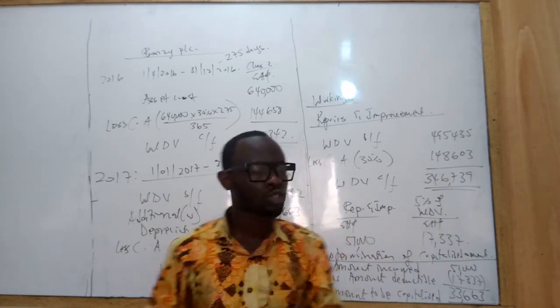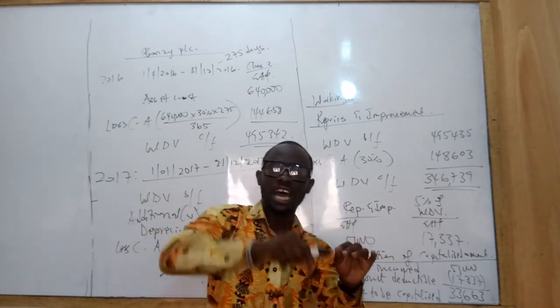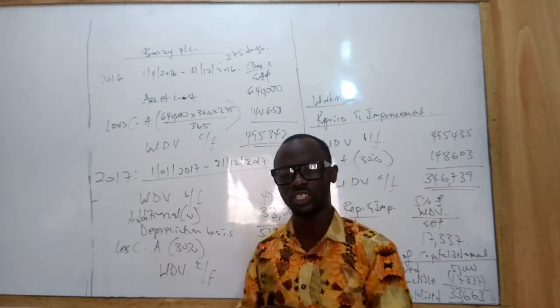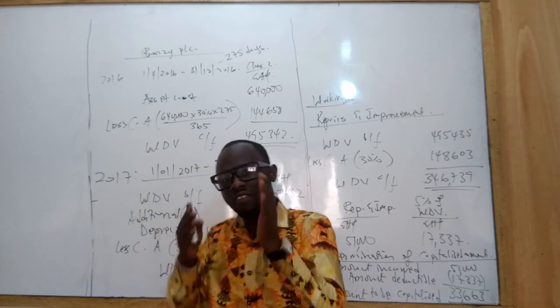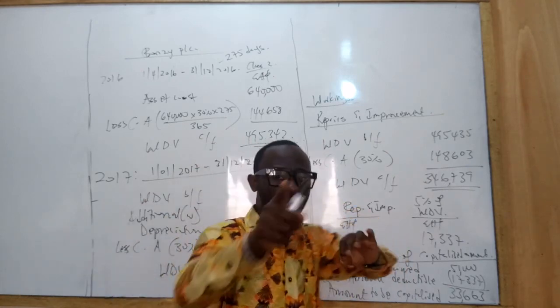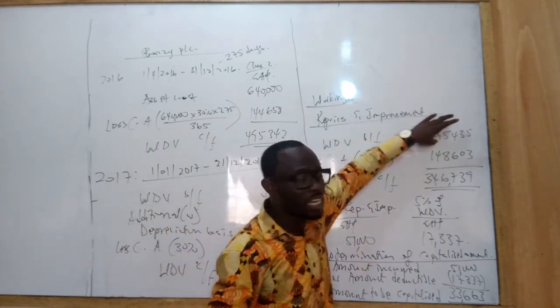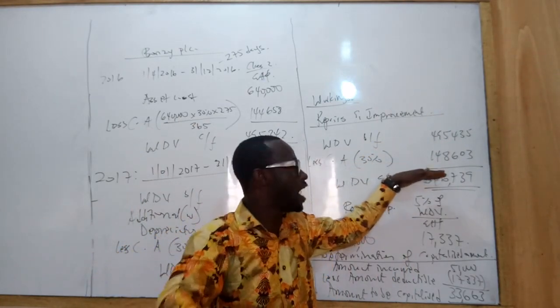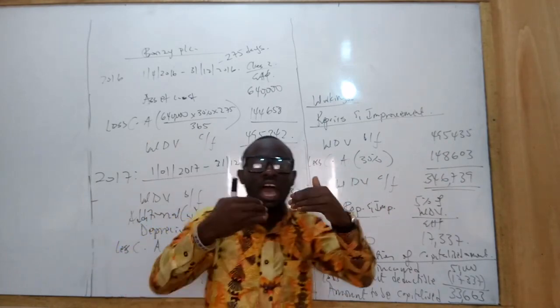To do that, we need to find out the written down value of that pool of assets, which is the class 2 assets under consideration, at the end of the year. So we need to bring the written down value at the beginning, calculate the capital allowance for that year, and then get the written down value at the end.